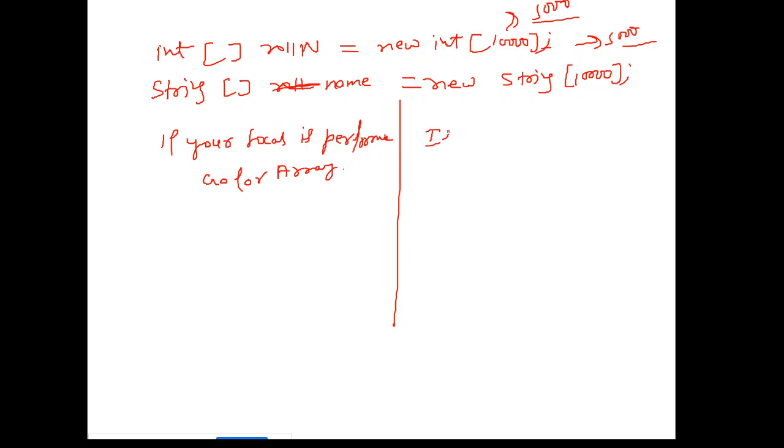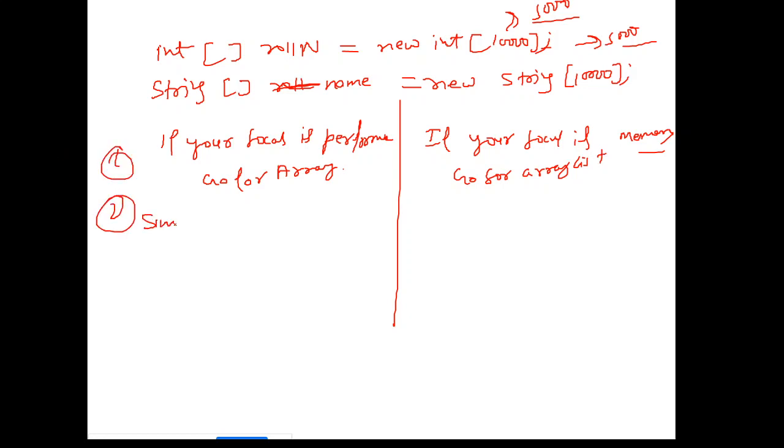And if your focus is memory, you want to save the memory of the system, then go for array list. Second thing, similar kind of data you need to store only in an array. If you want to use multiple data types, then go for array list.